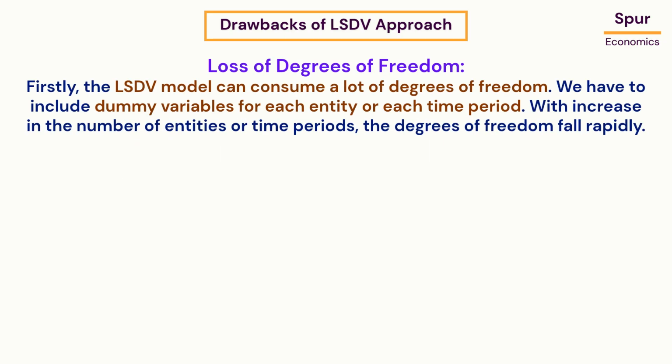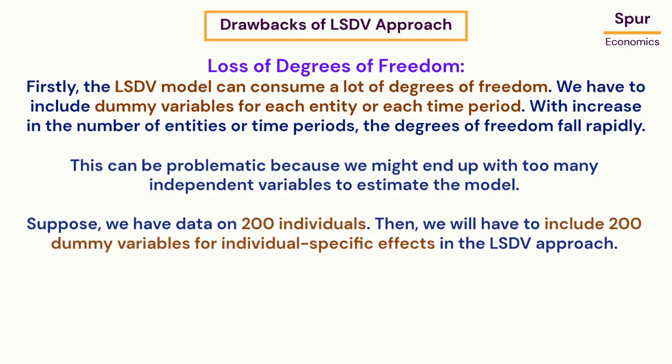Firstly, the LSDV model can consume a lot of degrees of freedom. We have to include dummy variables for each entity or each time period. With increase in the number of entities or time periods, the degrees of freedom fall rapidly. This can be problematic because we might end up with too many independent variables to estimate the model.